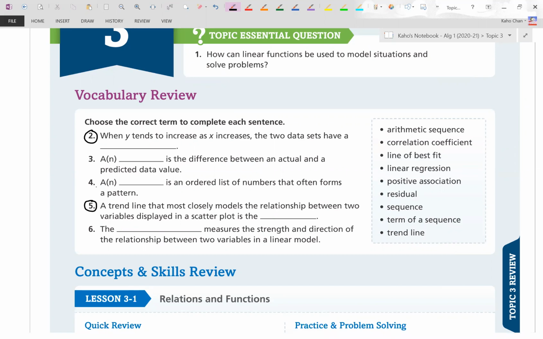So here we go. When y tends to increase as x increases, the 2 data sets have a blank. And the answer is positive association. Great.